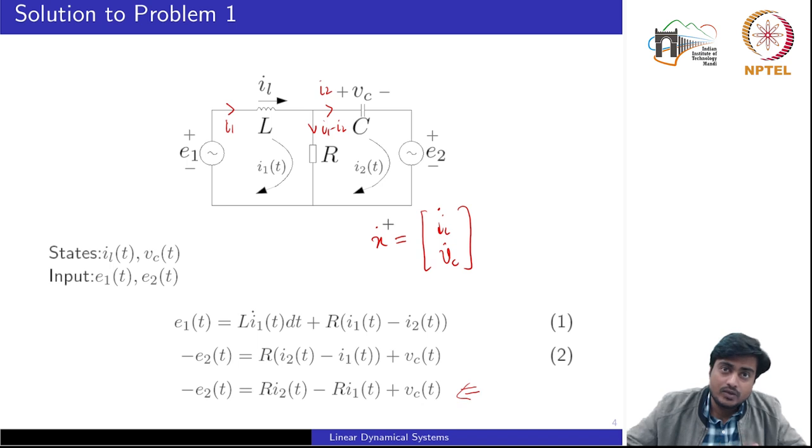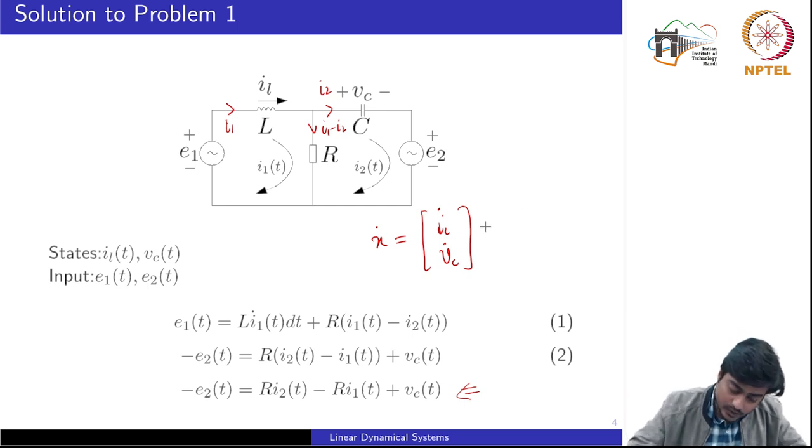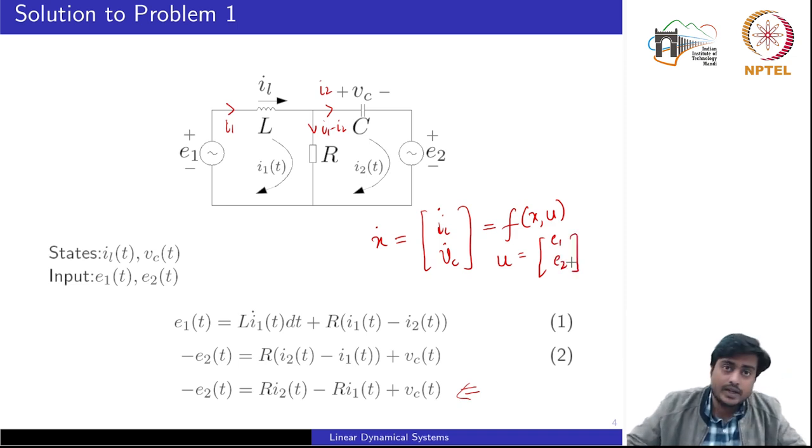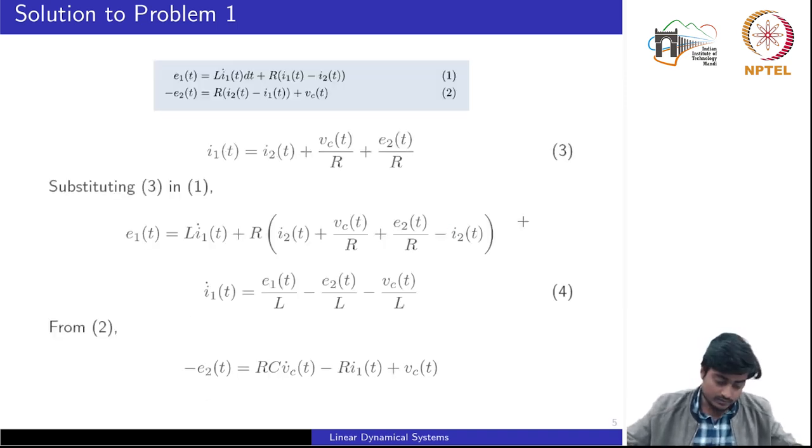On the left hand side, we want the first derivative of the state vector, and on the right hand side we want to express them as a function of the state x and u, where u is your E1 and E2. And this function f, we know that it should be a linear map.